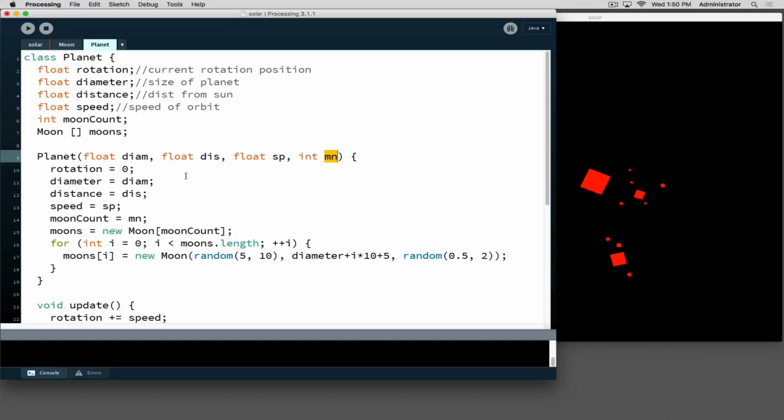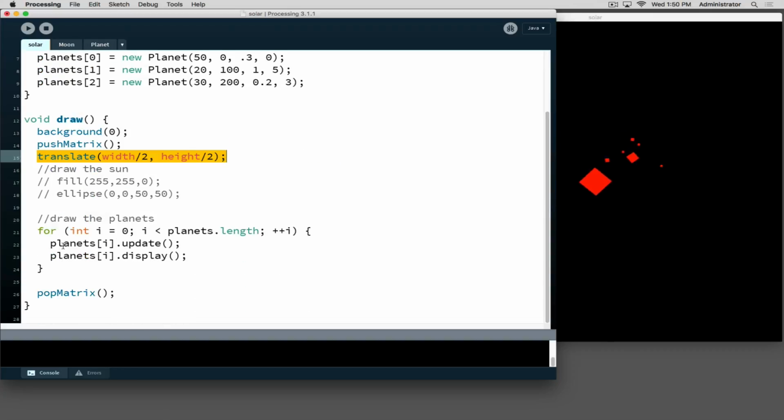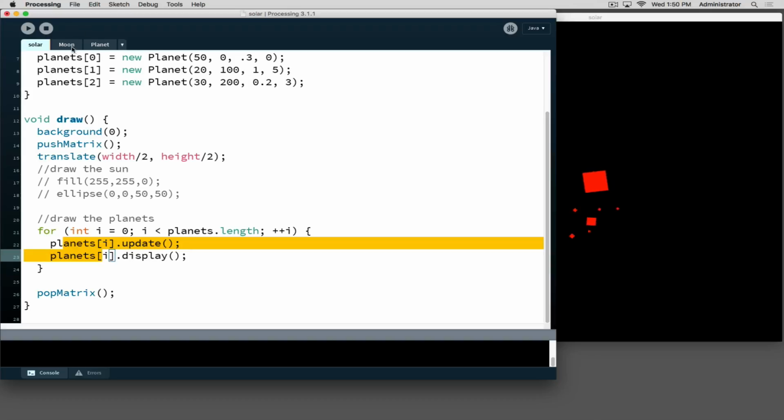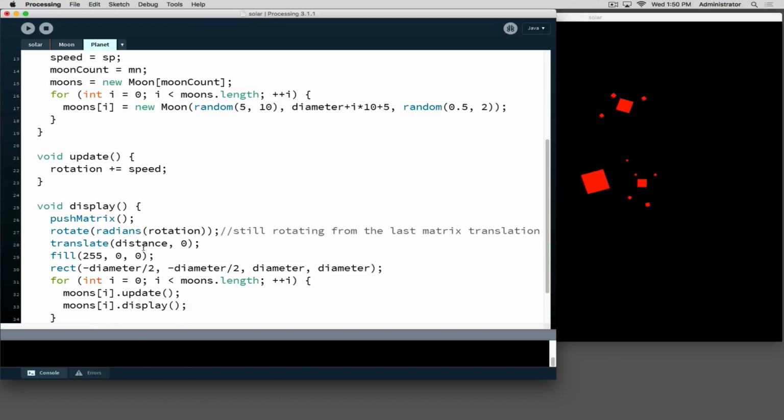So the moons are being defined inside the planet so that they can inherit from the planet. That is why in our main class we only tell the planets to update and display, not the moons, because the moons are being controlled by the planet.